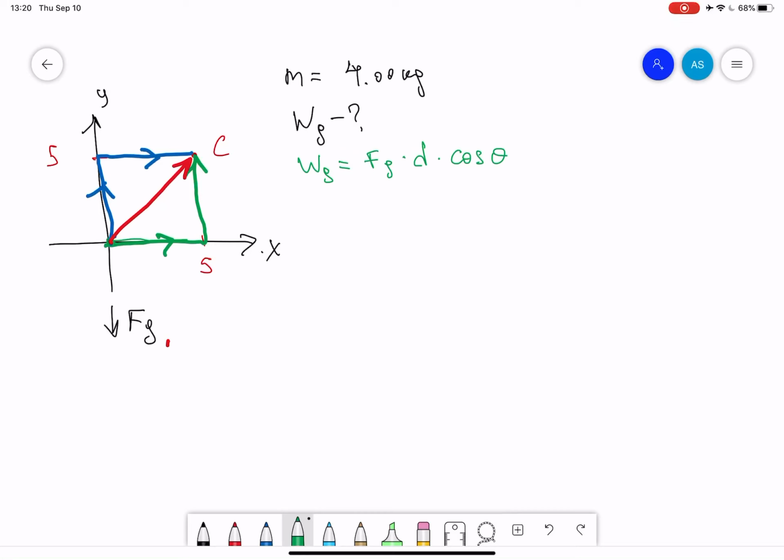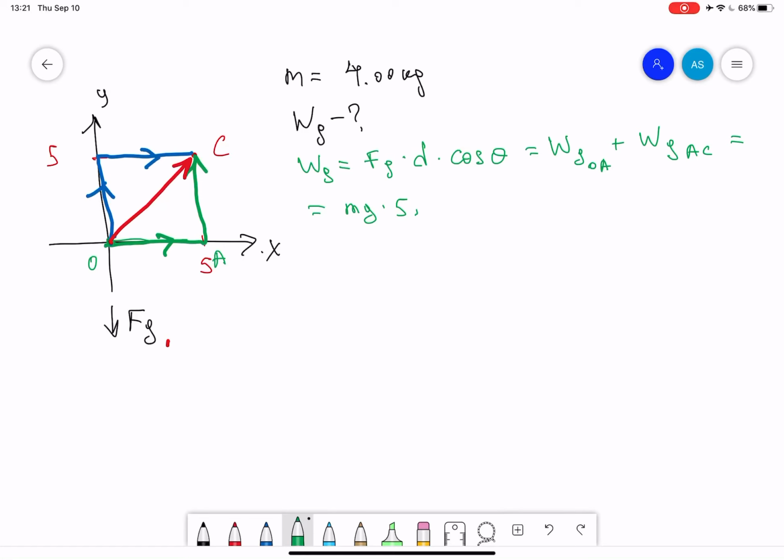First, let's use the green path, if we want to go from point O to point A and from A to C. That means the work is equal to the work done by gravity going from O to A, plus the work done by gravity from A to C. Fg will be mg, multiplied by the distance, 5 meters.